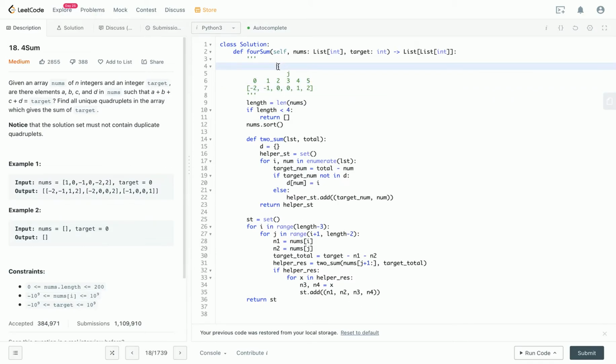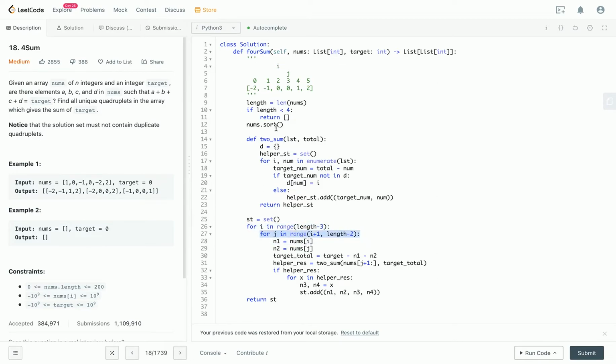So that's why i is from range 0 to range length minus 3. So in this example, the length is 6. 6 minus 3 is 3. So for i in range 3 is 0, 1, 2, right? So this is the rightmost that i can go to.